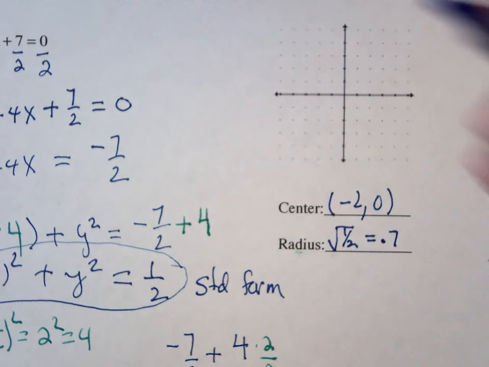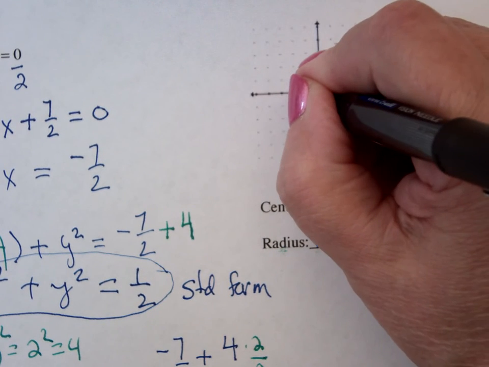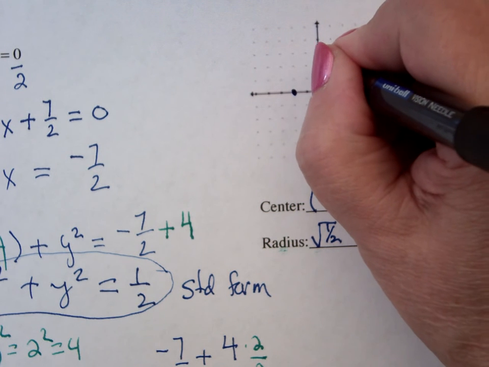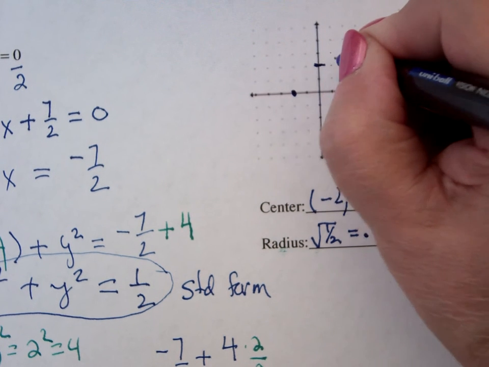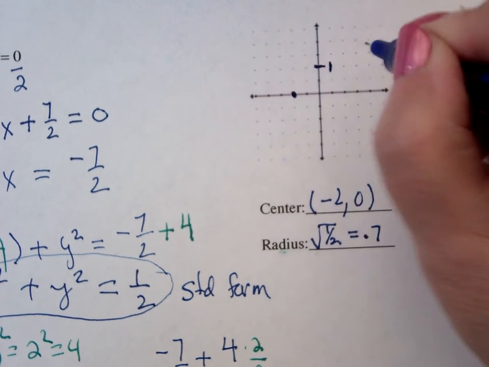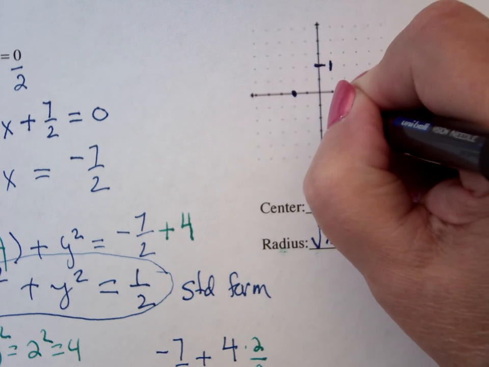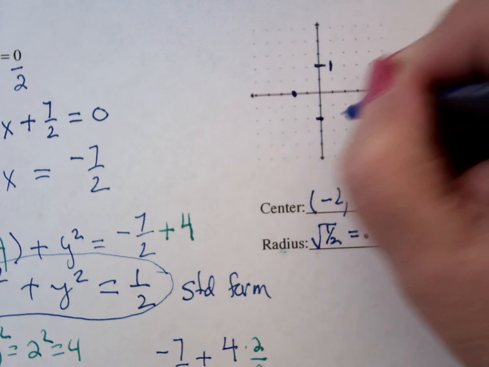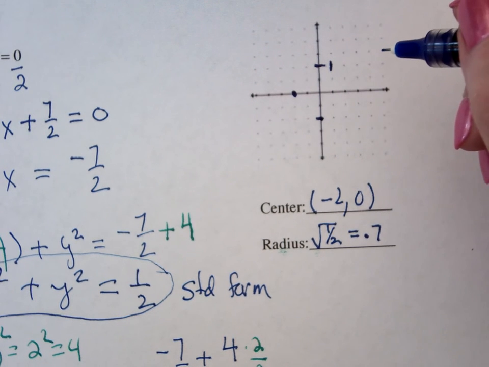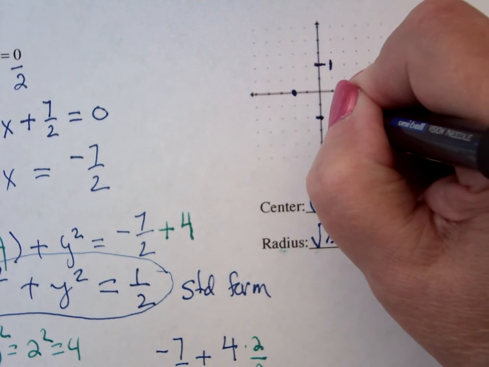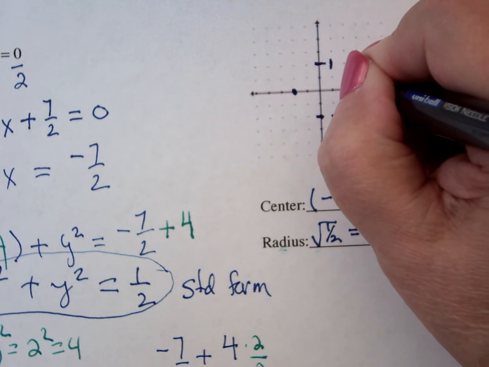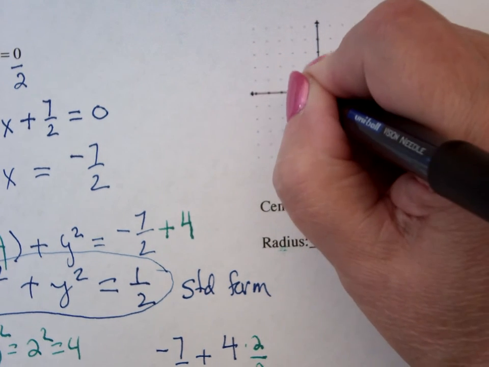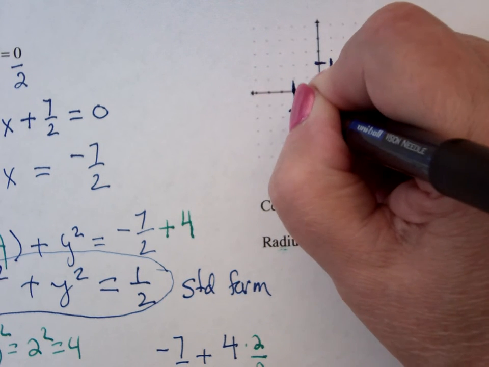So from center, now I'm going to do this in ones, so this is going to be a 1, and if I'm going to make this a negative 1, then this has to be a 1, and then this has to be a negative 1.